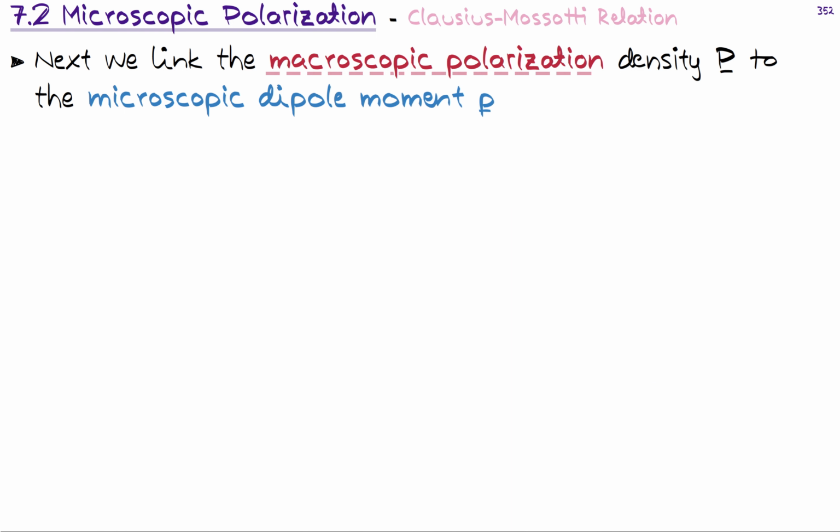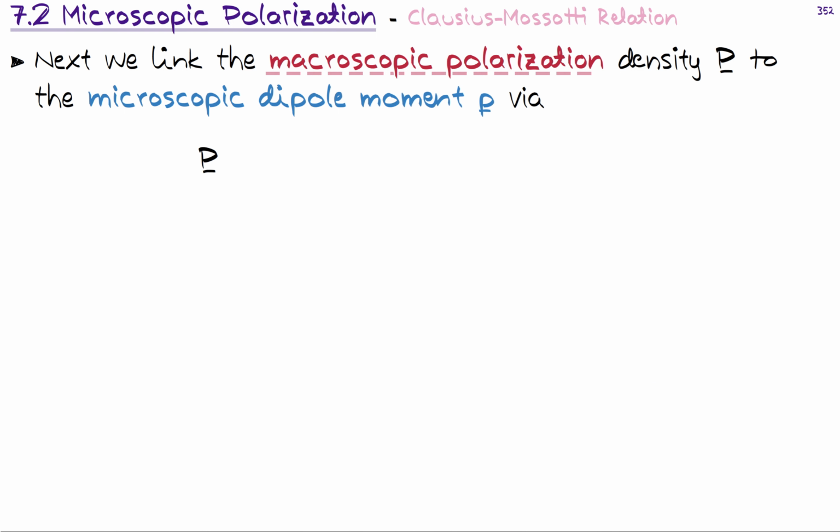This microscopic quantity describes the response of a nanoscale building block of our piece of a solid. This response will be known as a microscopic dipole moment p.